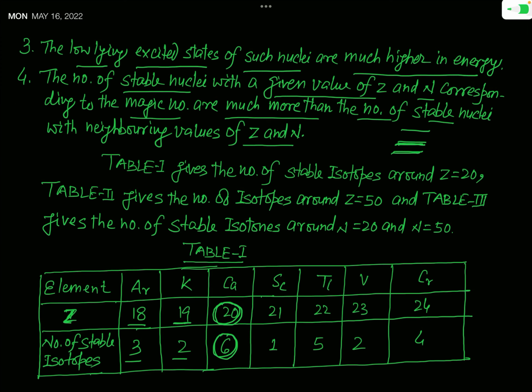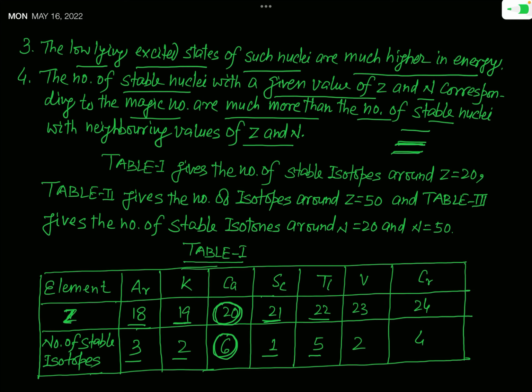For the nucleus with 21 protons, just a neighbor of this magic nucleus, the number of stable isotopes is only 1, and for Ti with 22 protons, it is 5.